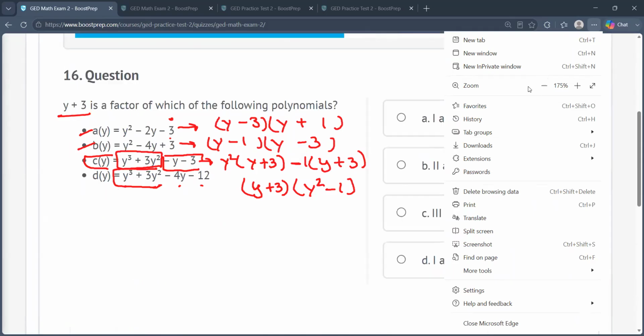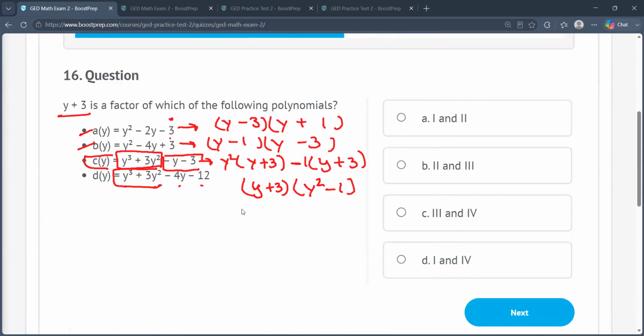So y cubed plus 3y squared, what can you factor? A y squared, so it's going to be y plus 3. And then -4y minus 12, you can factor out a -4, and this is going to be y plus 3.